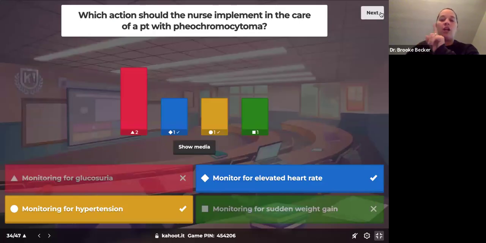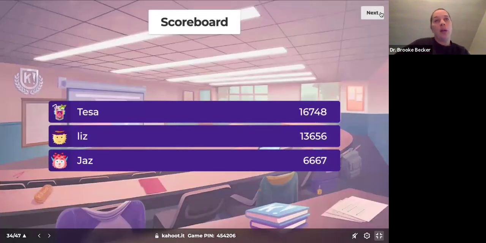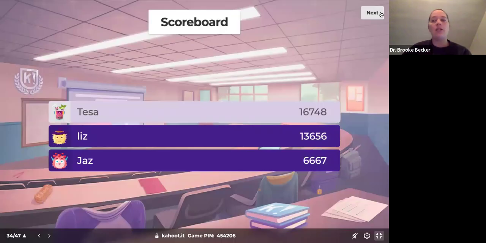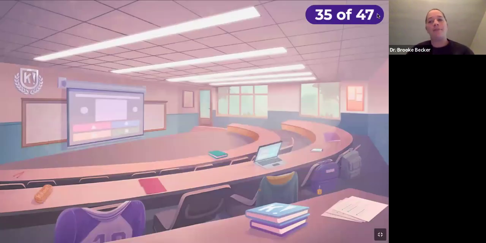So monitoring for elevated heart rate and hypertension because of the catecholamine storm you're going to get with a tumor that's dumping catecholamines. Remember, catecholamines make our heart rate race and increase our blood pressure. Those are the two most common things that catecholamines do. Good.